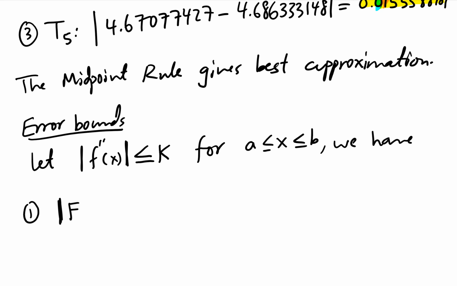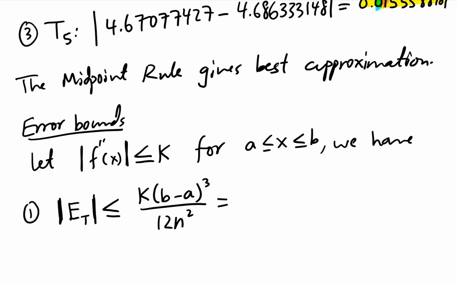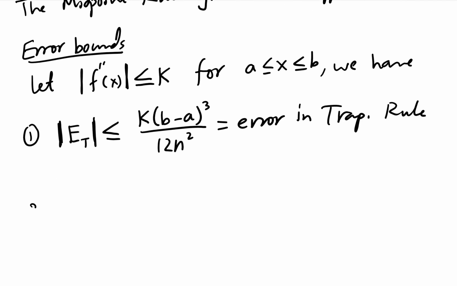The absolute value of the error in the trapezoidal rule is always going to be less than or equal to that k that we're going to find times b minus a to the third power, divided by 12n squared. We're not going to prove this now. This is called the error in the trapezoidal rule.